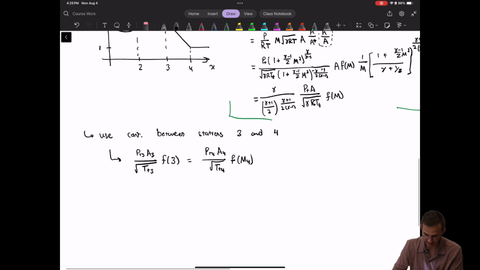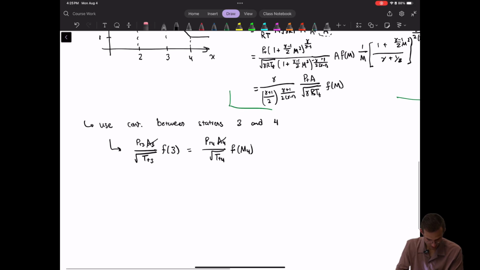So the entire left-hand side of this equation, also the areas are canceling here, is all known. So we can essentially write P_T0 over the square root of T_T0 times f of M3 is equal to P_T4 over the square root of T_T4 times f of M4.